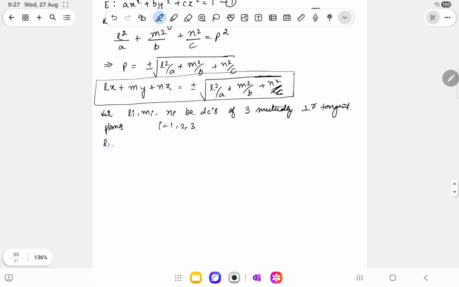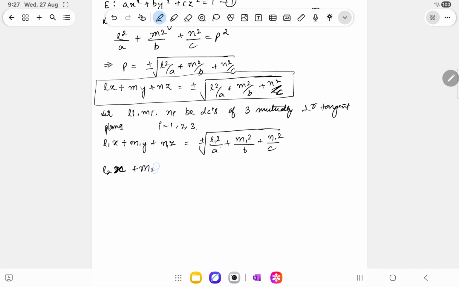So that will be l1x plus m1y plus n1z is equal to under root l1 square by a plus m1 square by b plus n1 square by c. Likewise, the equation of the second plane will be l2x plus m2y plus n2z is equal to under root l2 square by a plus m2 square by b plus n2 square by c. We can just take positive values here.